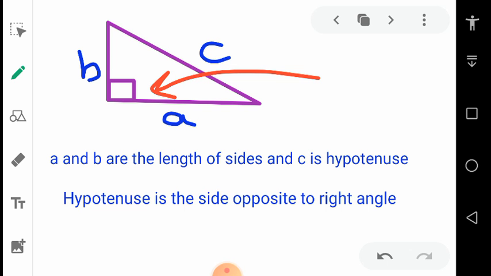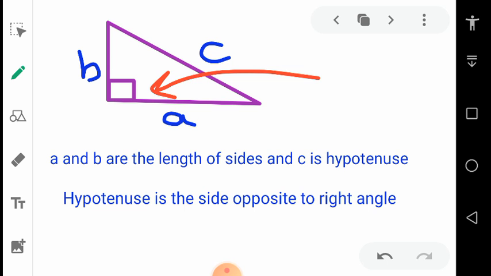Alright, the lengths of the sides of this triangle are A, B and C, as you can see. Here A and B are the lengths of the sides and C is the hypotenuse. Now what is the hypotenuse? Students, hypotenuse is the side just opposite to the right angle.